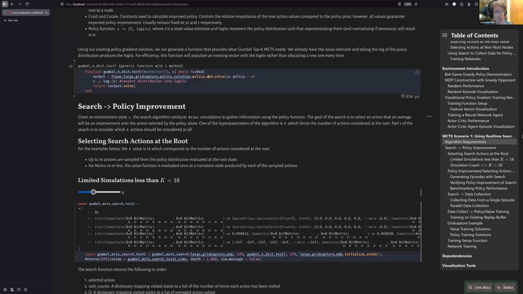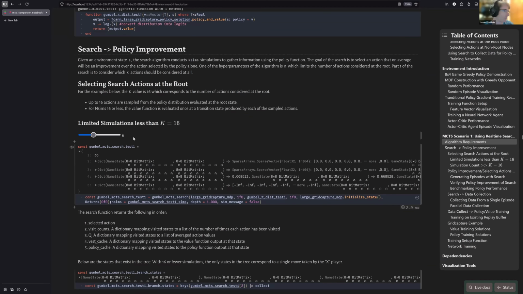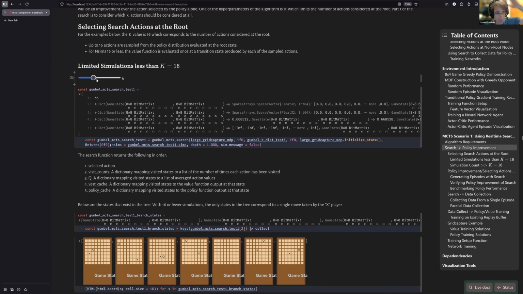First, we can look at what the algorithm does when the number of simulations is very small, because this is easier to understand. Here I have a slider bar to control how many simulations I'm considering. I'm setting K to 16, which is the max I would consider, but here I'm looking at the regime where the number of simulations is low.